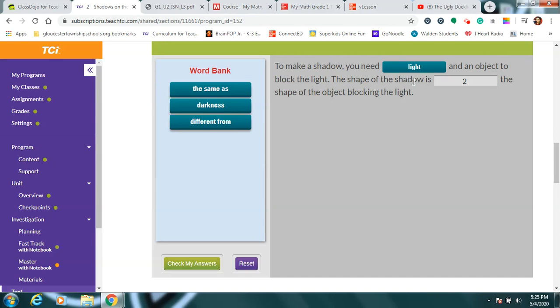The shape of the shadow is what? The shape of the object blocking the light. Yeah, if you said the shadow shape has to be the same as the shape of the object blocking the light, you are correct. We got them.